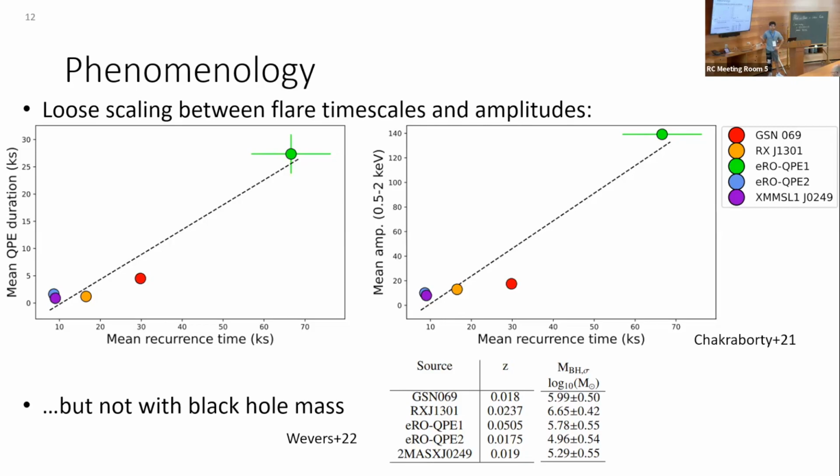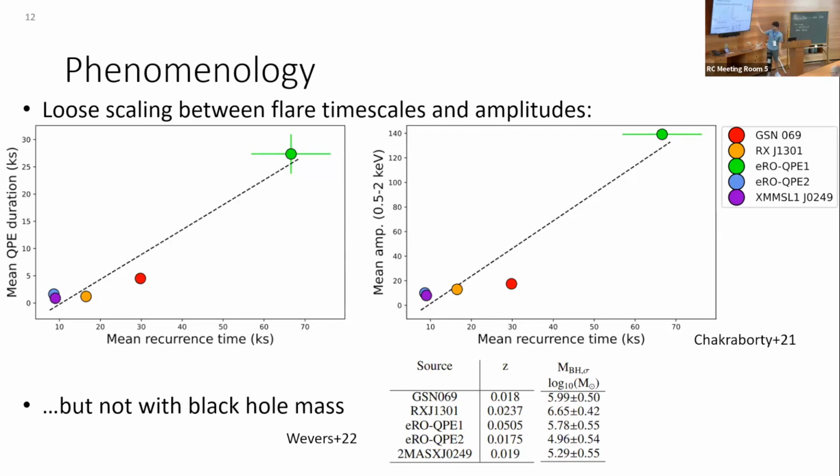But interestingly, you might expect from typical AGN variability that the key parameter dominating in determining the relevant timescales is the black hole mass. There's not exactly a clear scaling with black hole mass of these timescales or luminosities.